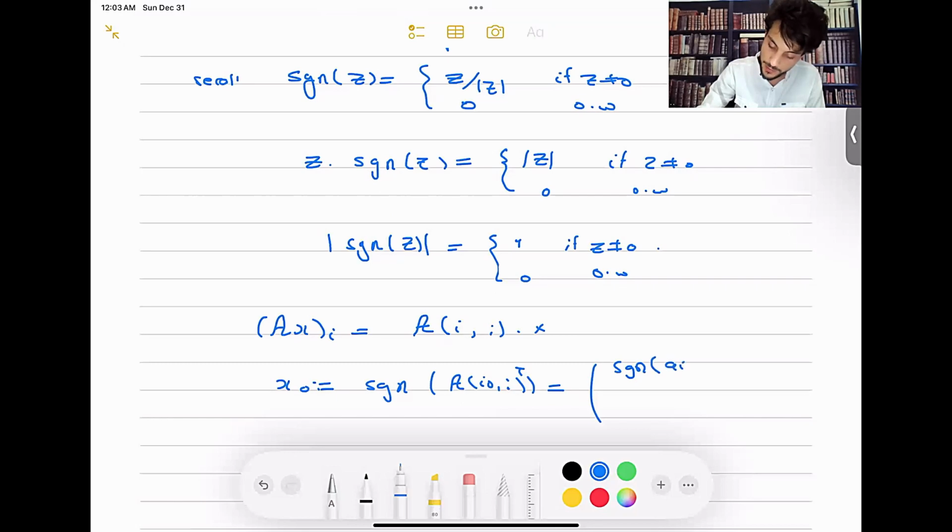So we'll be taking the signal of the first entry, the signal of the second entry, and so on.